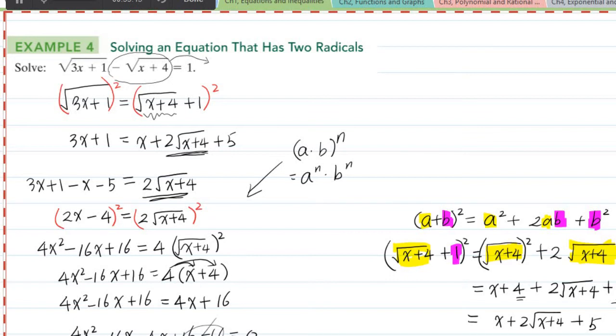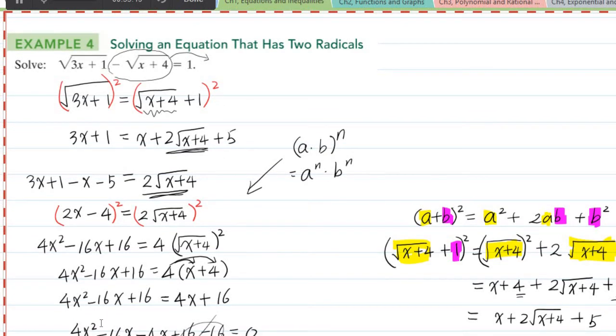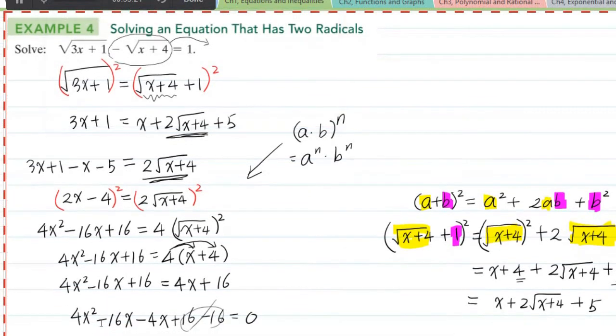So that would be 4x equals 0, or x minus 5 equals 0.